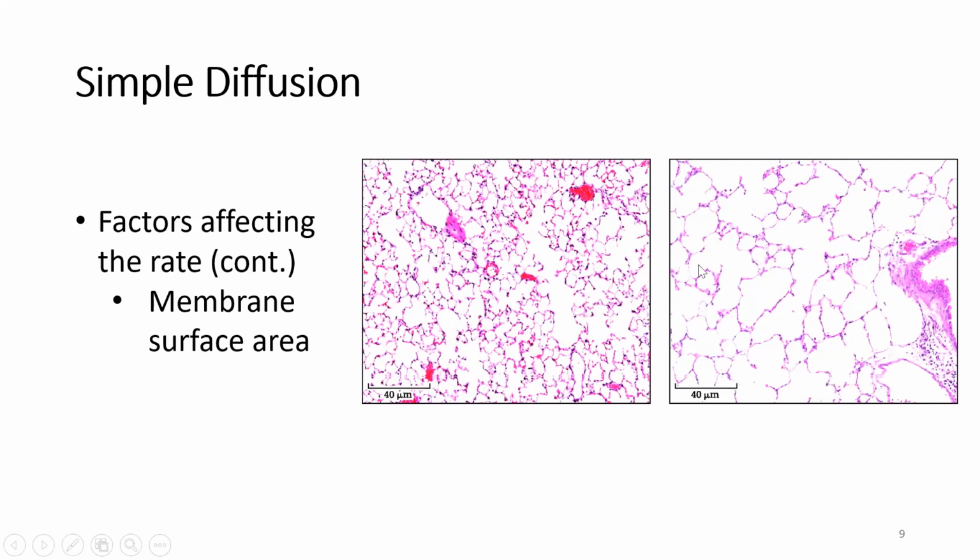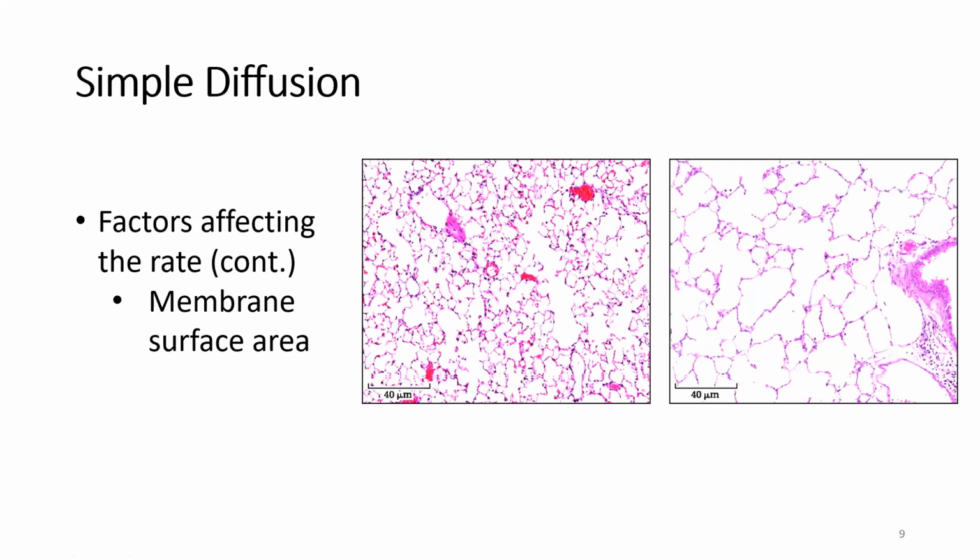On the right, we're seeing what happens when there are collapsed alveoli, which happens with lung damage. And so we can see that there's less surface area available for exchange of those gases. And this is why we see hypoxia and cyanosis, which is bluing of the nails and bluing of the mucous membranes, because there's not enough oxygen being diffused to circulate the body.